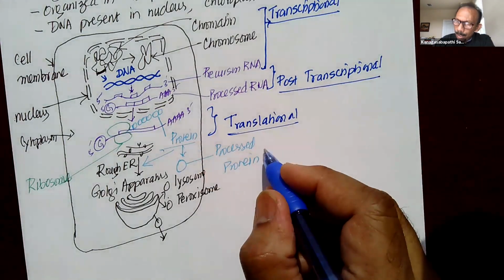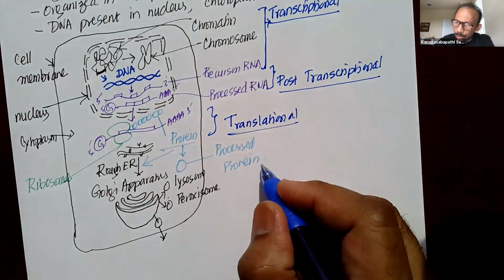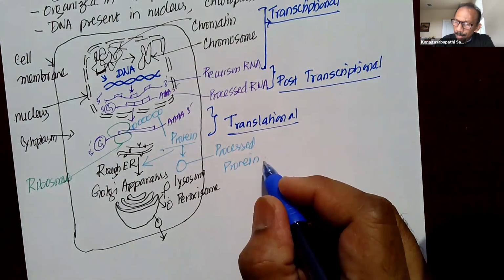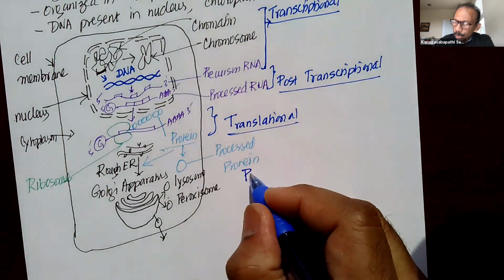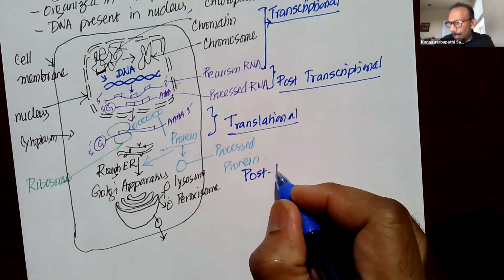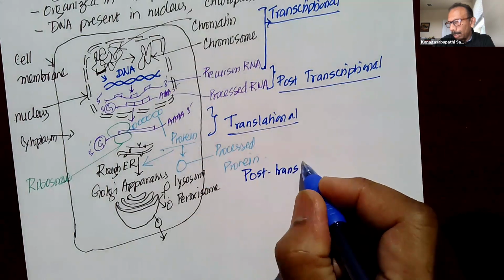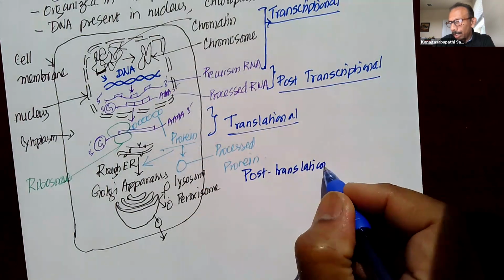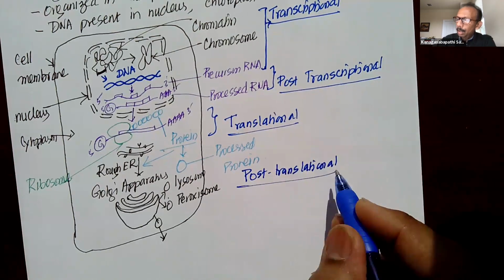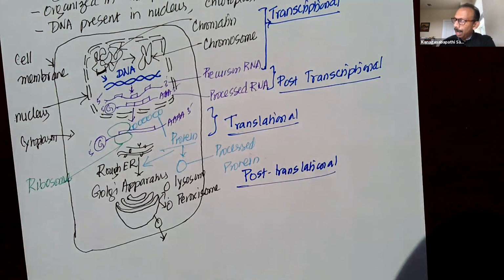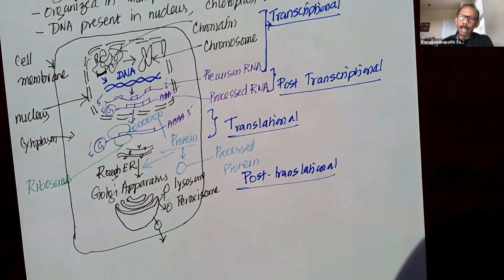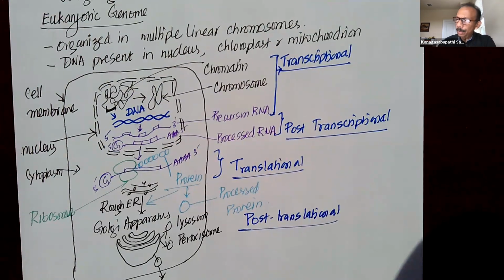Or it can happen after the translation, so this is all happening at the post-translational level. After the synthesis is made, it is post-translational. If you see different examples, this is something they control at different levels.